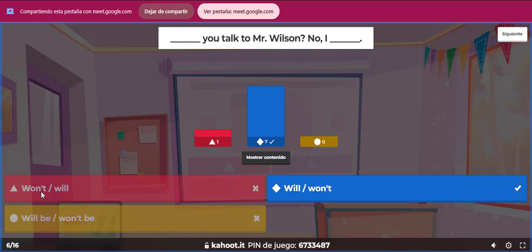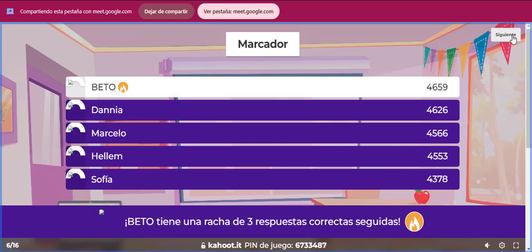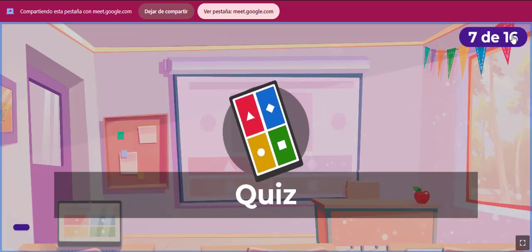Remember, we usually don't make negative questions. And when we answer in negative, we need to have the auxiliary in the negative form. So we cannot say, no, I will, but we'll say, no, I won't, which is the same as, no, I will not. Beto keeps the first place.